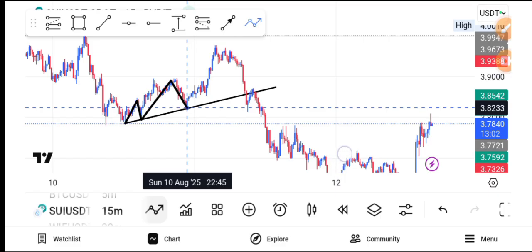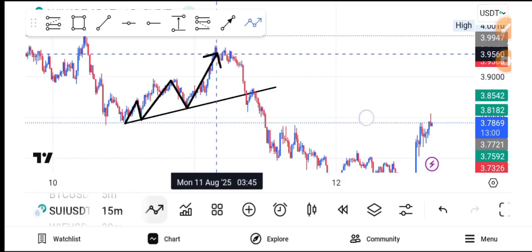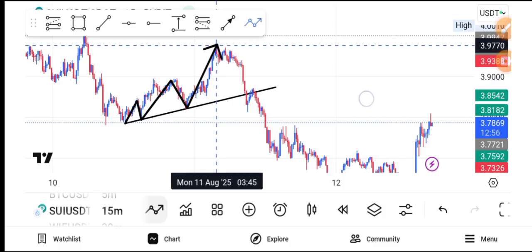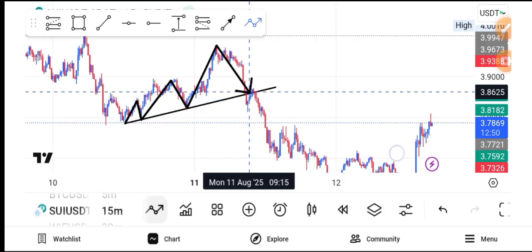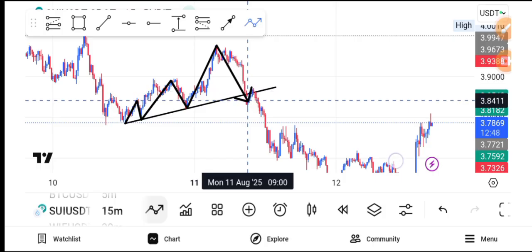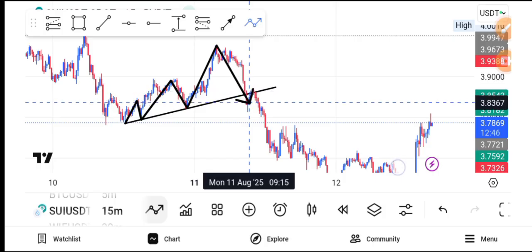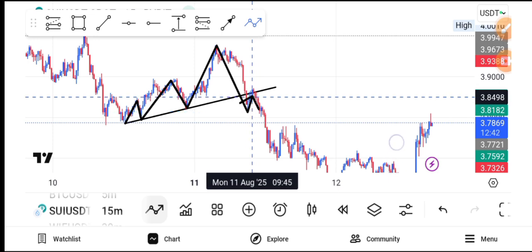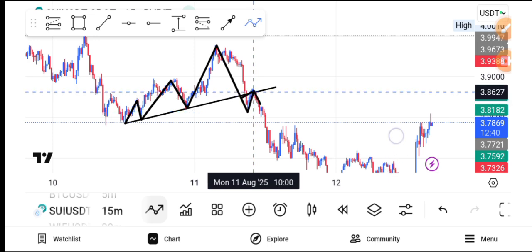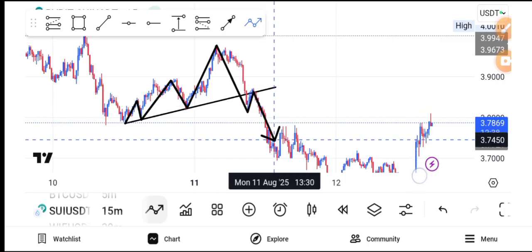It rejected on the trend line and it moved to this high, right? When it moved to this high, it came down to this trend line. It broke the trend line here. It retraced to retest the trend line here, and it went down.